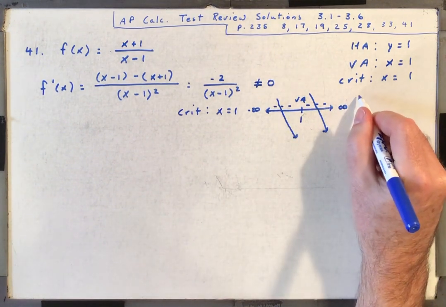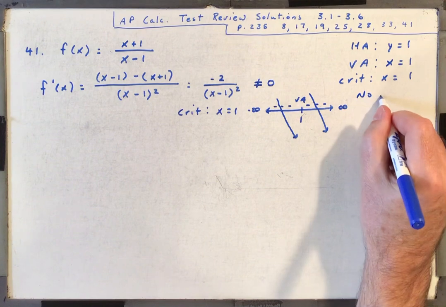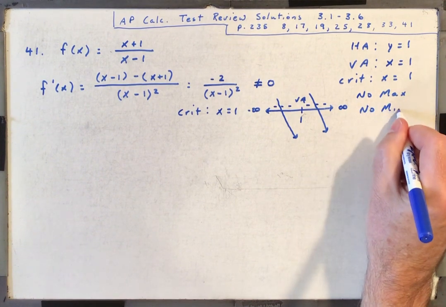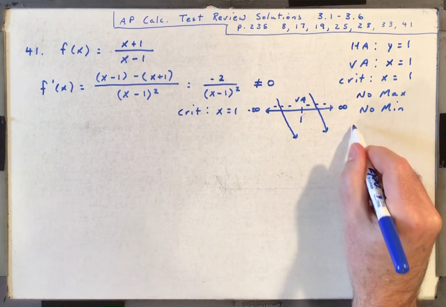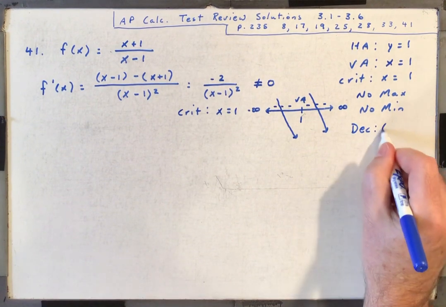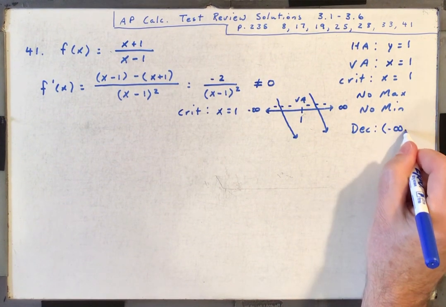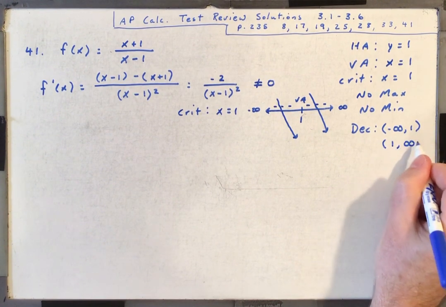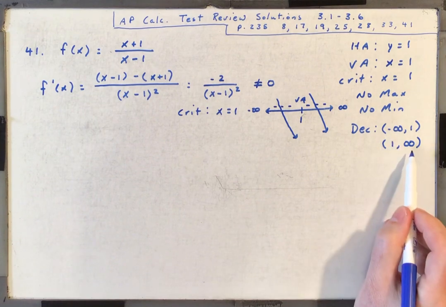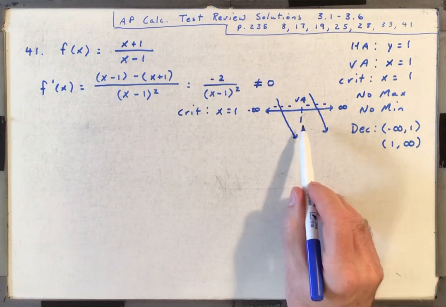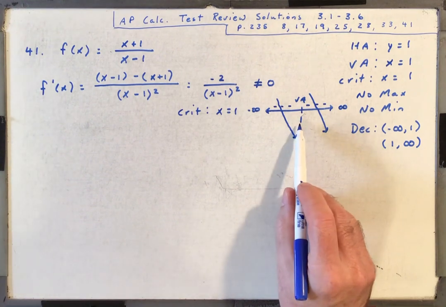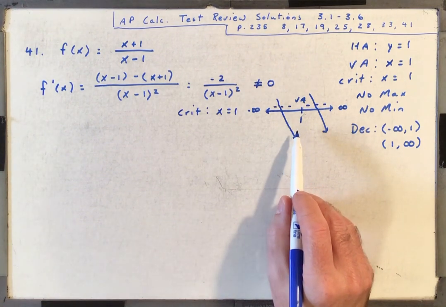So we have no max, no minimum. We are decreasing from negative infinity to 1, and also from 1 to infinity. Again, I can't put negative infinity to infinity because at 1 we have an asymptote. It's not decreasing there. The function doesn't even exist there.